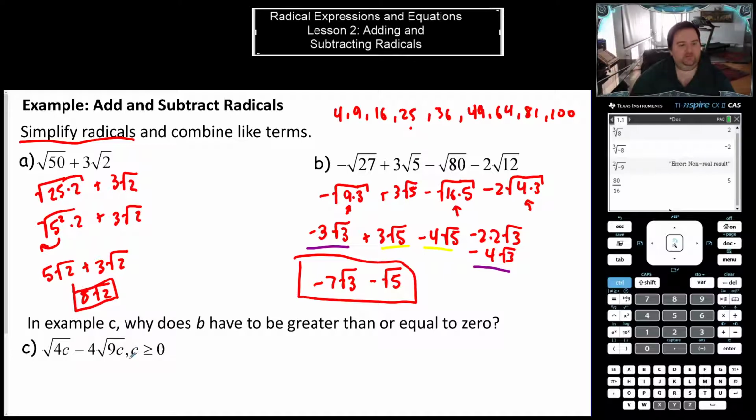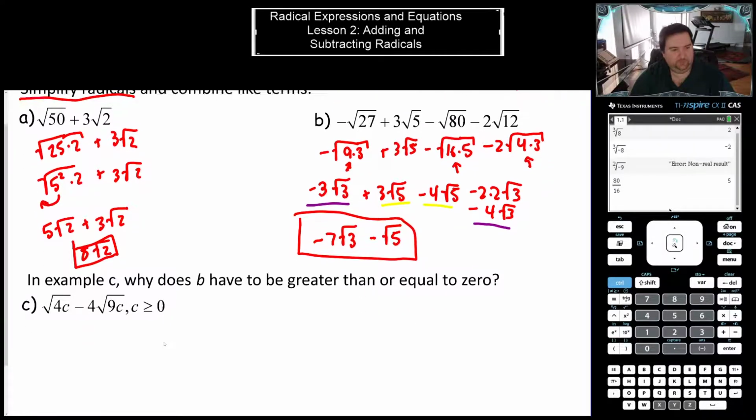Okay, in example C, why does C have to be greater than or equal to 0? Let's scroll down.